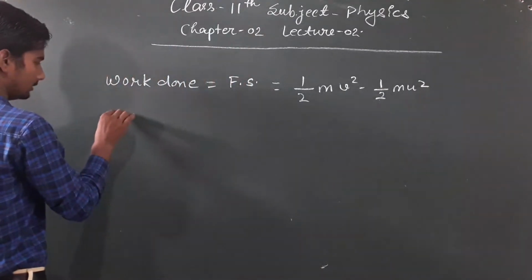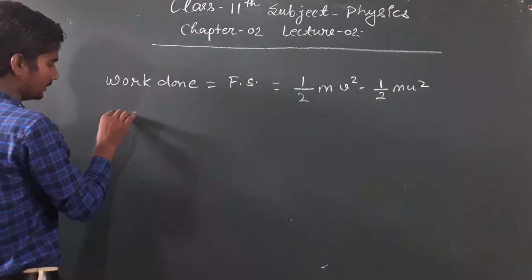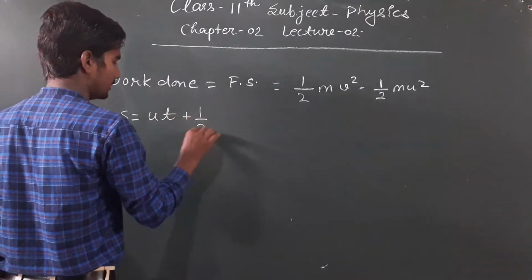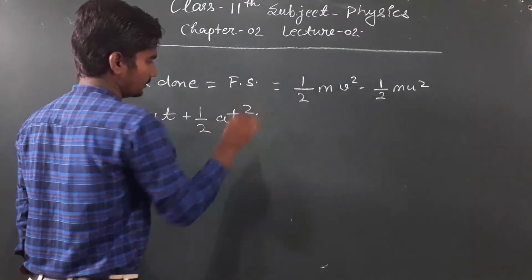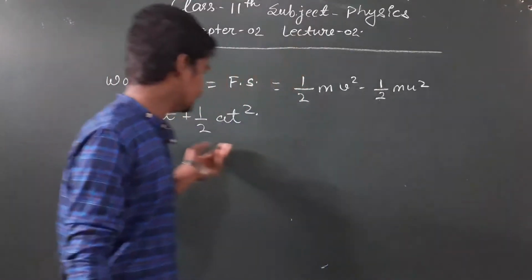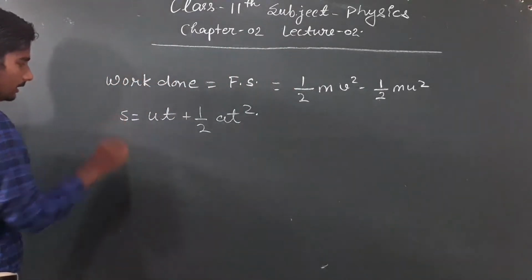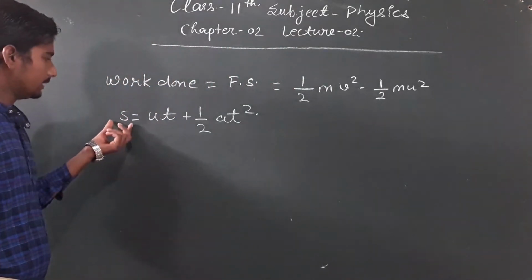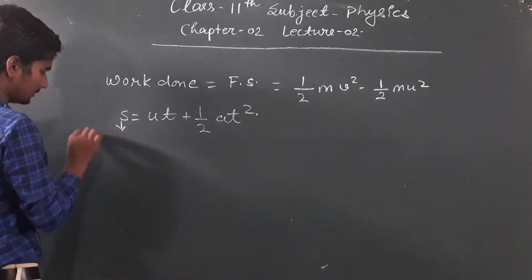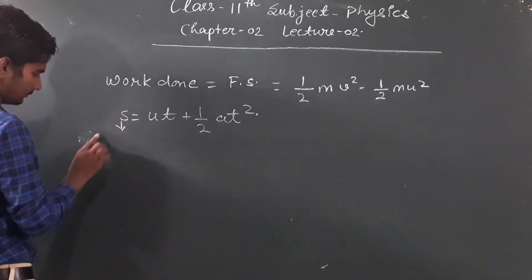Just the second equation of motion, that was S equals ut plus 1 by 2 at square. Hope you have done it, and if you haven't, then let's check. If we talk about the left hand side of the equation, it is distance.